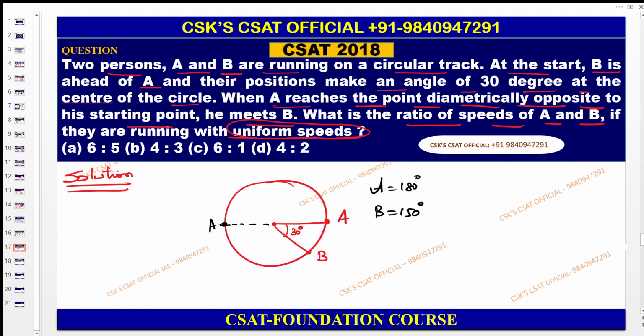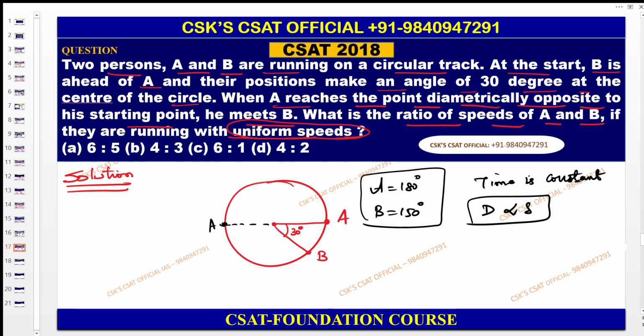Now here they start at the same time, so time is constant. Time is constant means distance is directly proportional to speed. Distance you can take as the angle covered by them. So the distance ratio is going to be their speed ratio also.